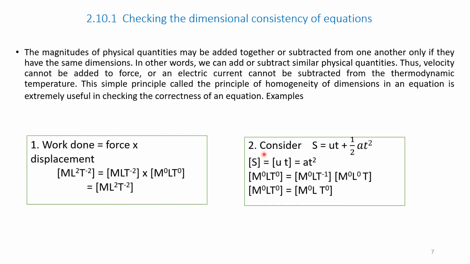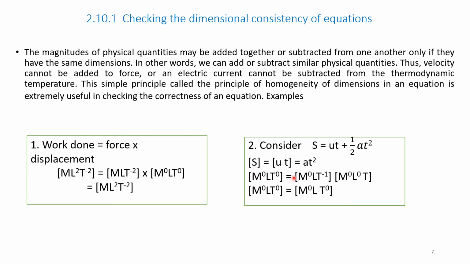Example number 2. Now consider the equation S is equal to ut plus half at square. S is a distance, and ut should also have the same dimensions, and half at square should also have the same dimensions. So let us take only S is equal to ut. S, we know, is only length, that is distance, M⁰ L¹ T⁰.